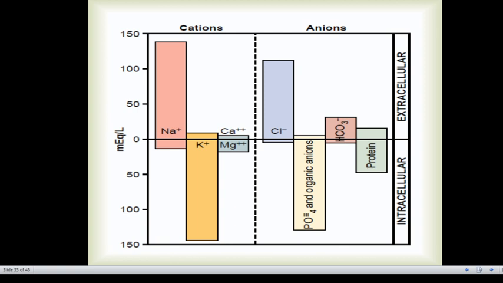It is clear that extracellular fluid, including plasma and interstitial fluid, contains large amounts of sodium, chloride, and bicarbonate ions, but only small quantities of potassium, calcium, magnesium, and phosphate ions.